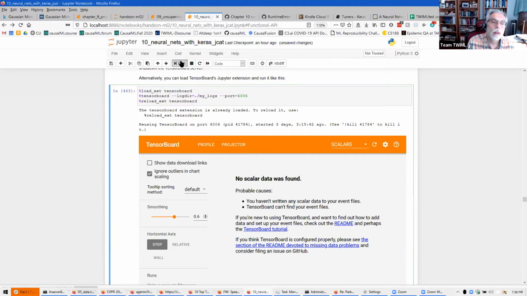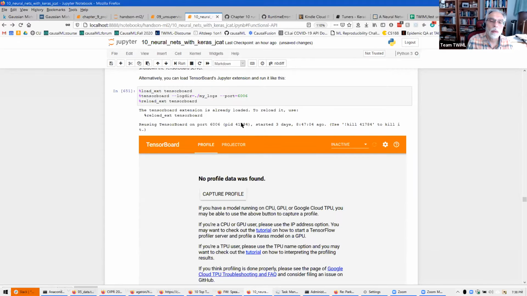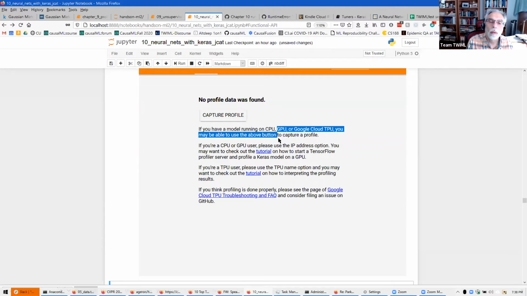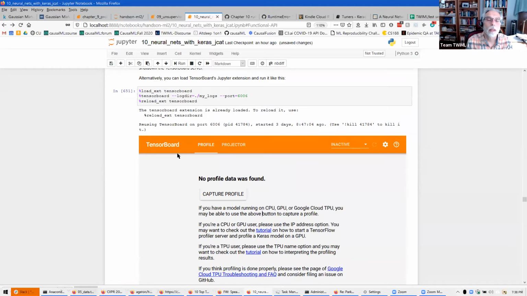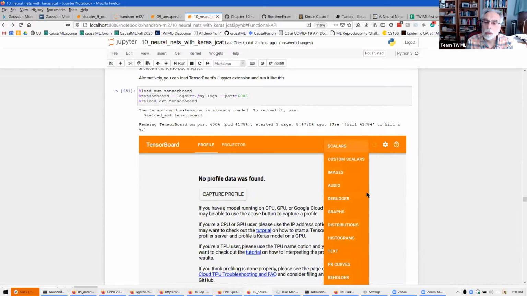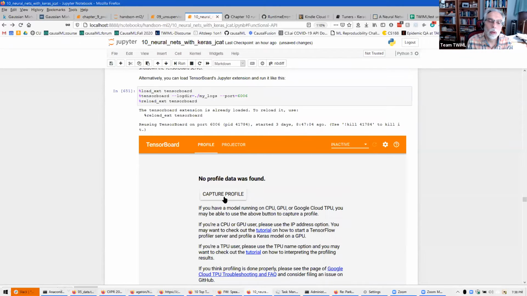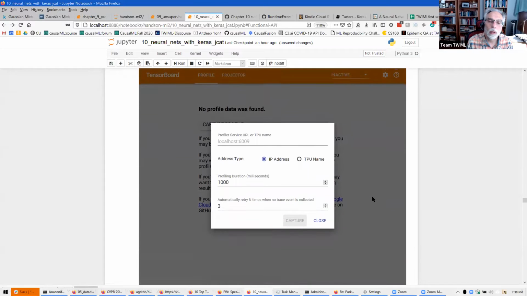Oh, let's see. It says no profile. I'm not sure why. I definitely had a different screen when I ran it last time. Inactive. Oh, I don't know. Capture profile.